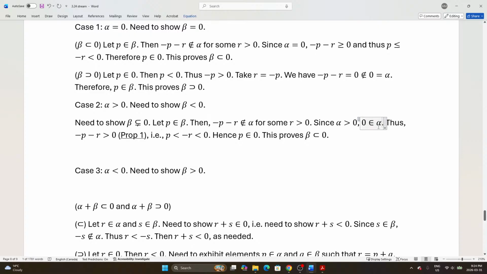Since 0 is in alpha, 0 cannot be the greatest element. So now we show 0 is not equal to beta. I need to find something that is in 0 but not in beta.